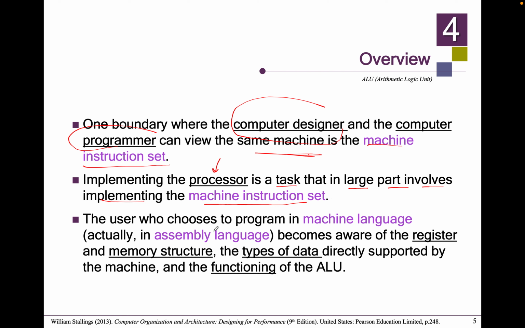The user who chooses to program in machine language, which is our assembly language, of course, becomes aware of the register and memory structure, the types of data directly supported by the machine, and lastly the functioning of the ALU itself.